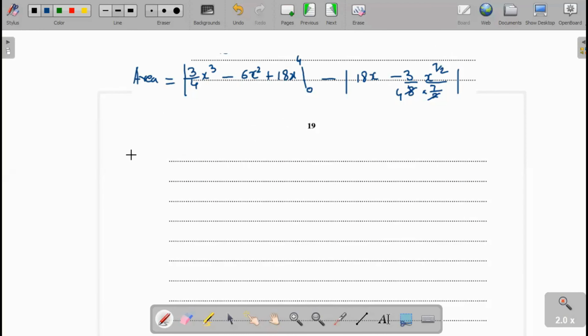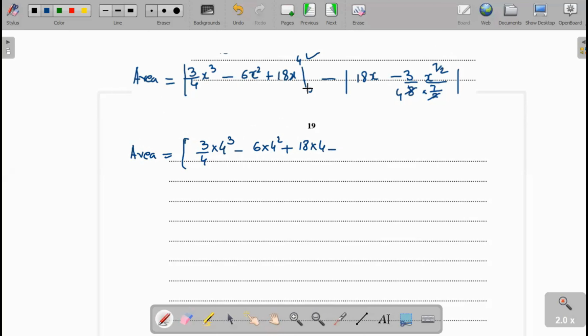Now the area will be equal to 3 over 4. Now we substitute the values. Firstly, we substitute the upper bound value: 3 over 4 into 4 cubed, minus 6 into 4 square, plus 18 into 4, minus.